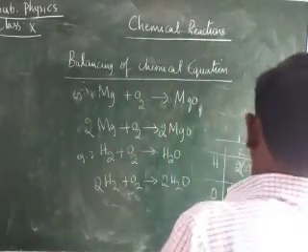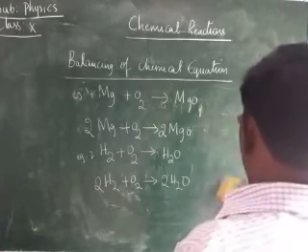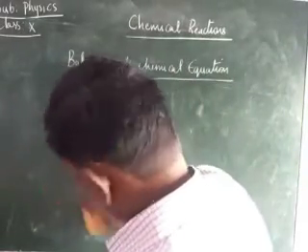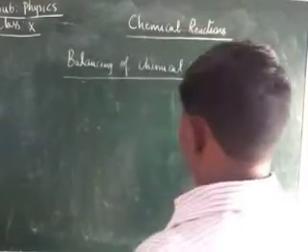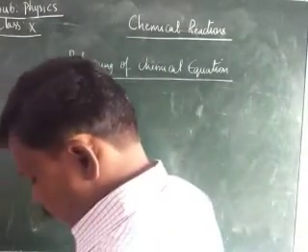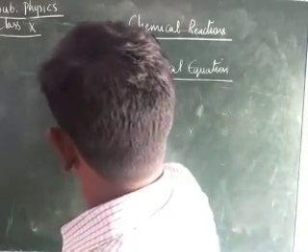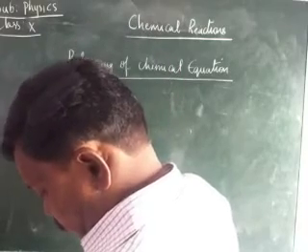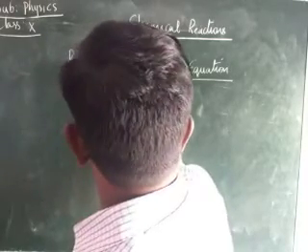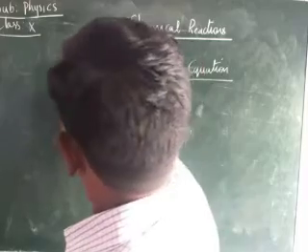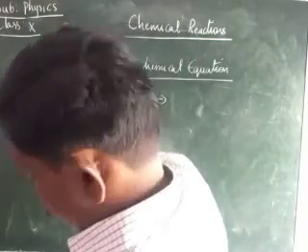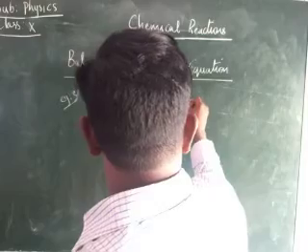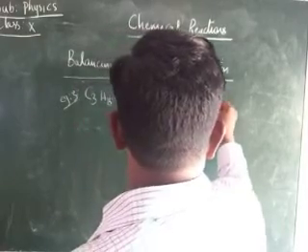The other example I will take, children, is the balancing of propane. Okay children, propane. Here C3H8 plus O2 gives rise to 3CO2 plus H2O.